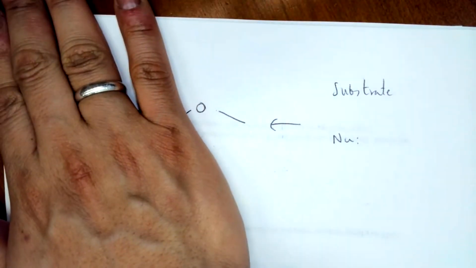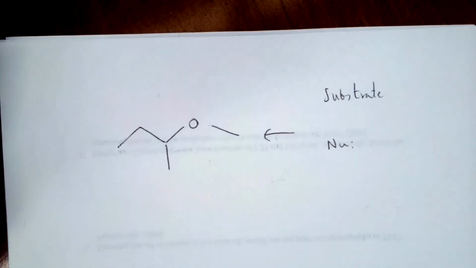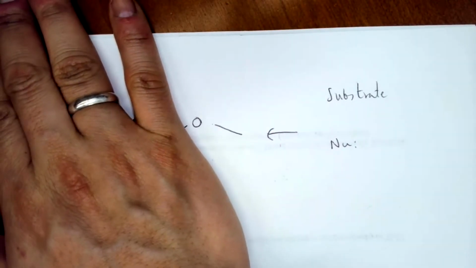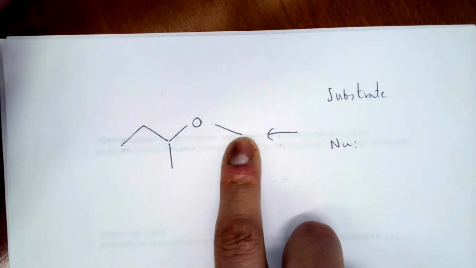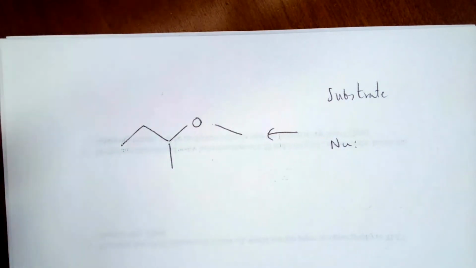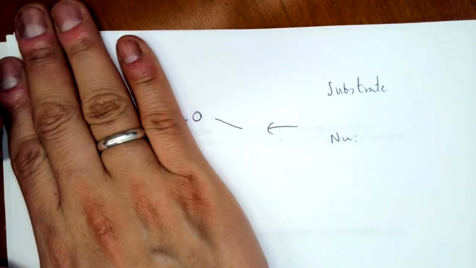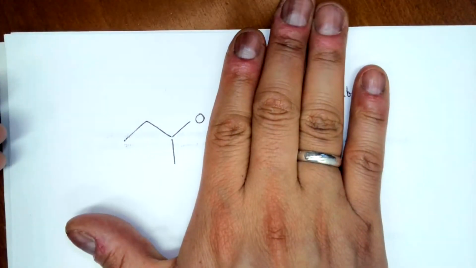This or this? In this particular case, any way I do it, it should be an SN2 reaction because I'm using an alkoxide. Definitely an SN2 reaction. What are my combinations? My combination is oxygen like that, that's my nucleophile, or this is my nucleophile.